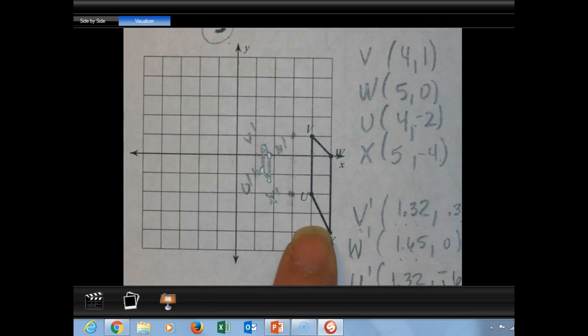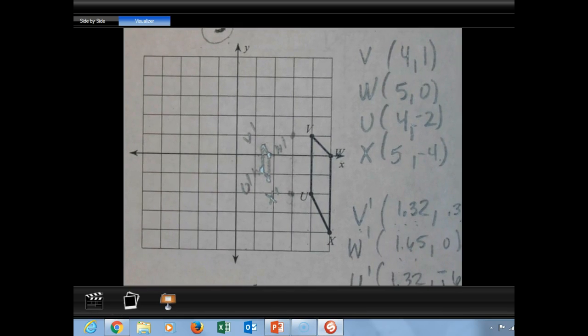So it's still the same exact shape, just smaller. It's been reduced by 1/3. It is small. Okay, that's what a dilation by a scale factor that is smaller than 1 is going to give you. It's going to give you something small.